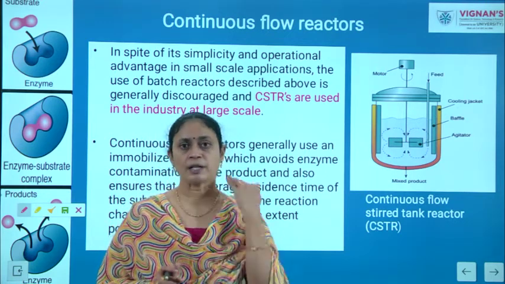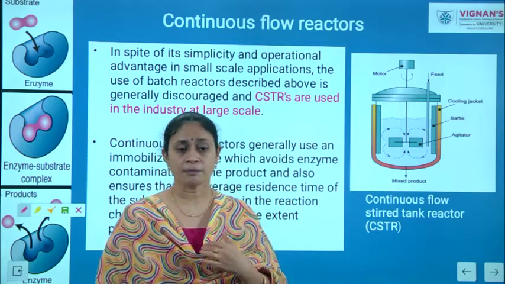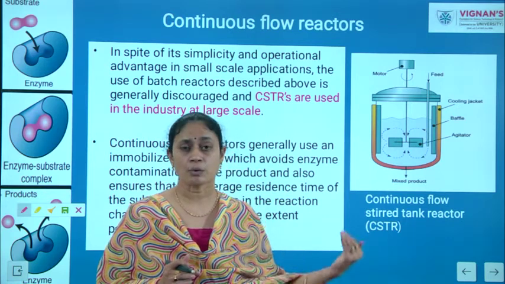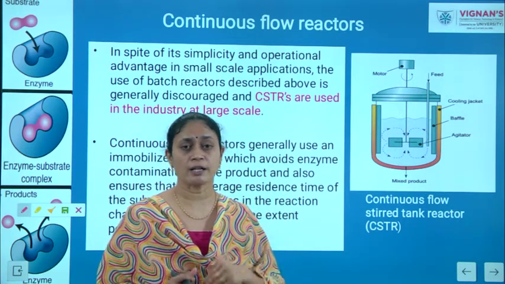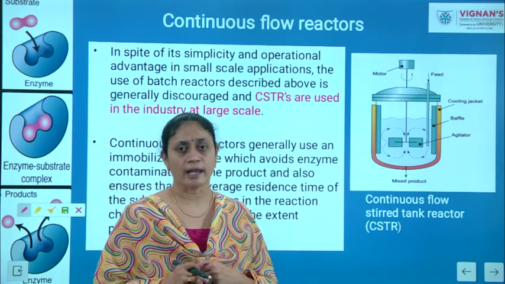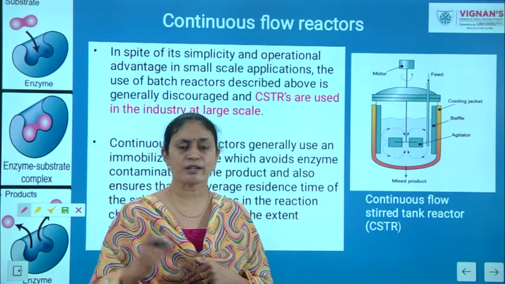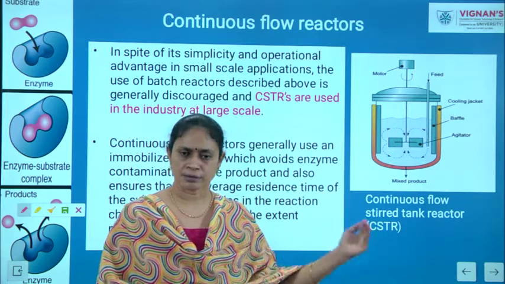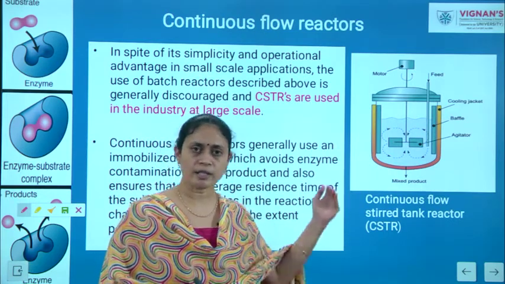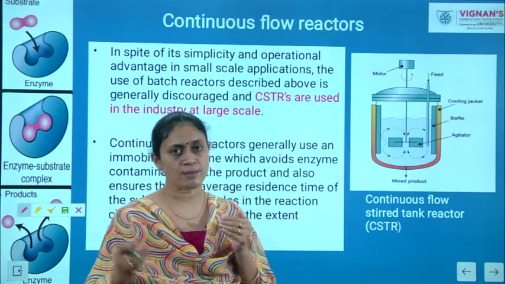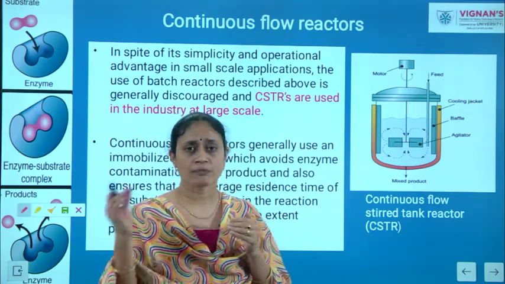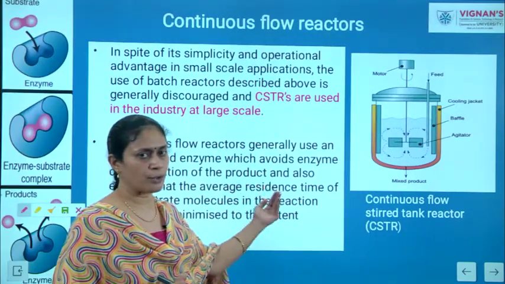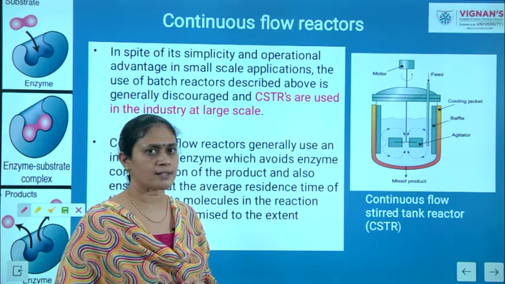But in the continuous stirred tank reactor, we have a provision for continuously supplying the substrate to the enzyme already available in the reactor, and we can continuously remove our product of interest from the reactor at regular intervals of time. So, you can continuously add your substrate as well as continuously remove your product. I'll explain the design of the continuous stirred tank reactor now.